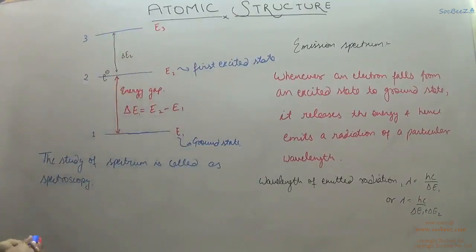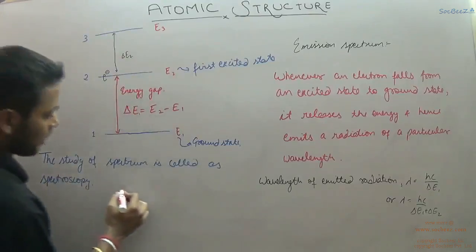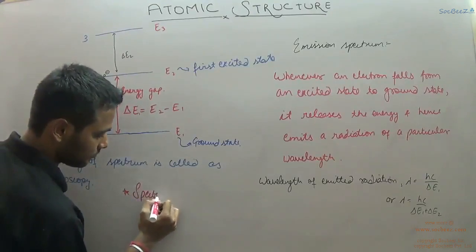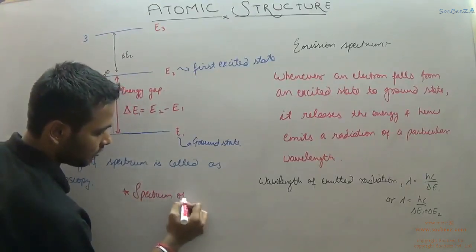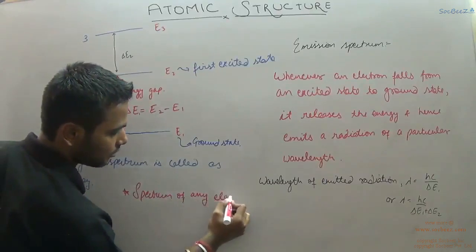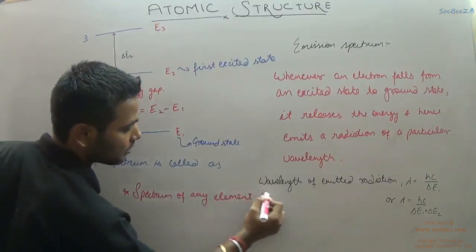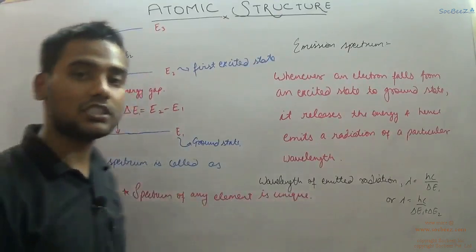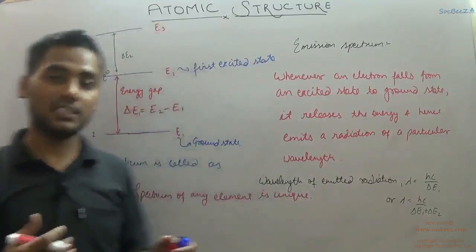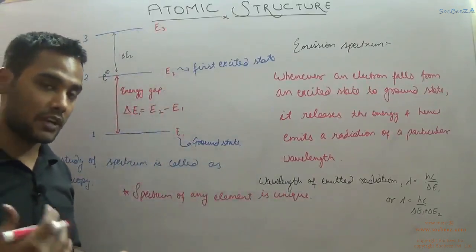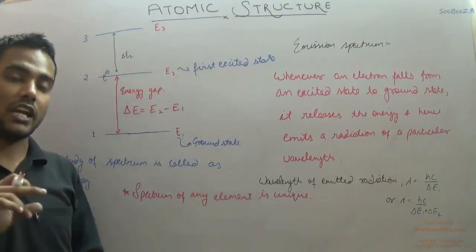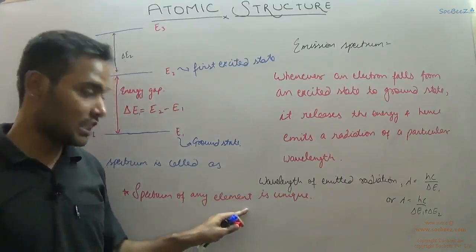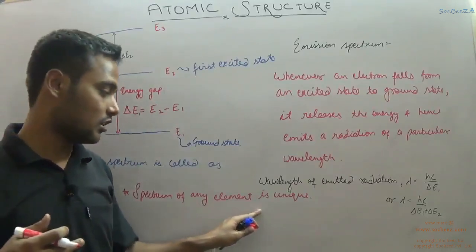Remember that the spectrum of any element is unique. No two elements will have the same spectrum, and therefore by studying the spectra in different types of spectroscopy, you can make out which element exists in the given subject of study.